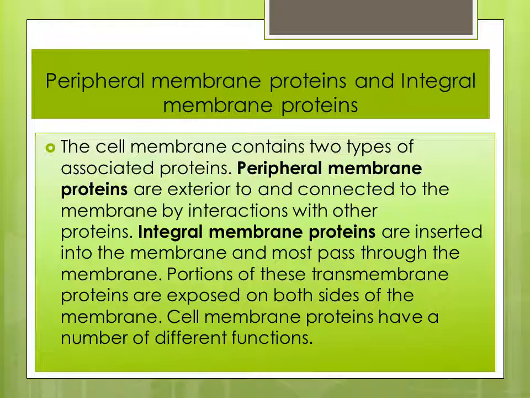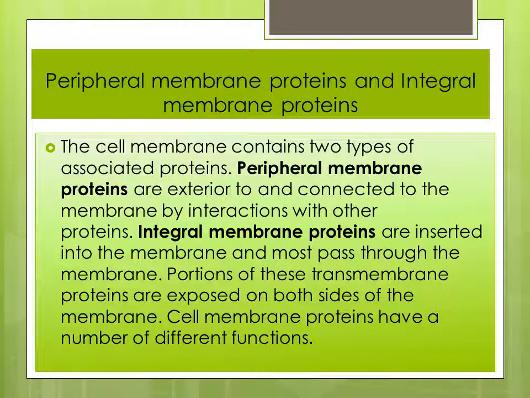We have two types of proteins. The first one is peripheral membrane protein, and the second one is integral membrane protein. So what are these two types of proteins? Let's study about these. Peripheral membrane proteins are connected to the membrane by interactions with other proteins.